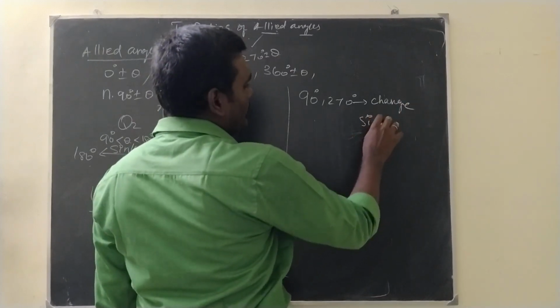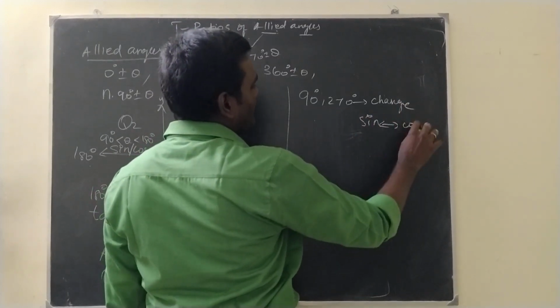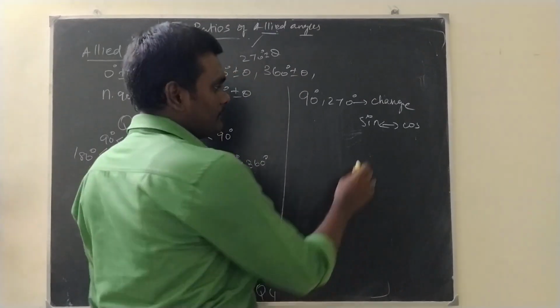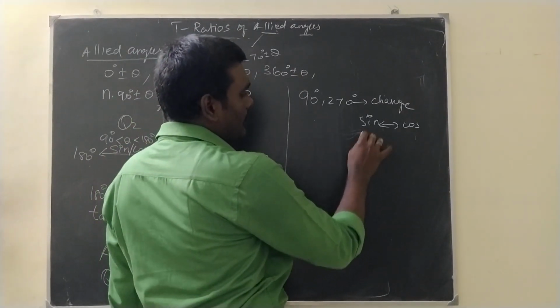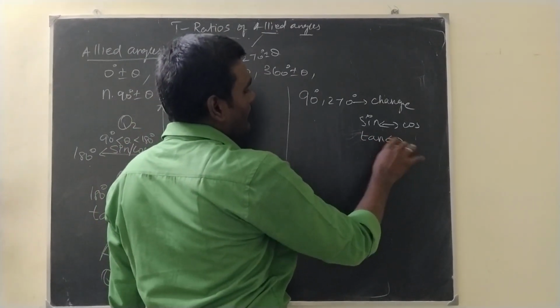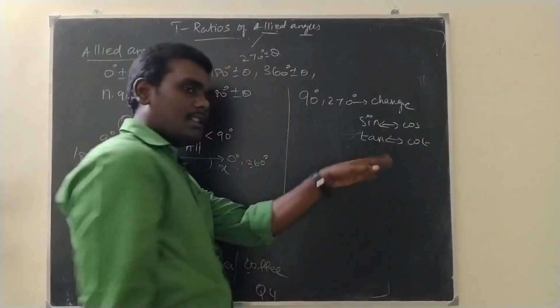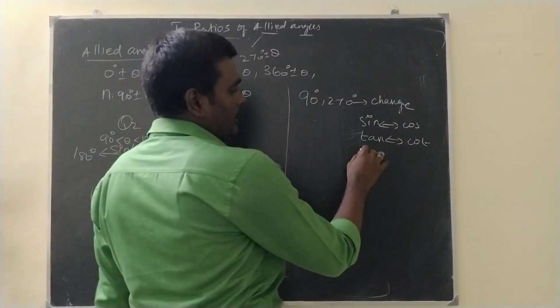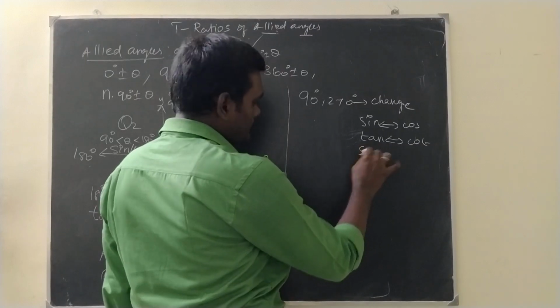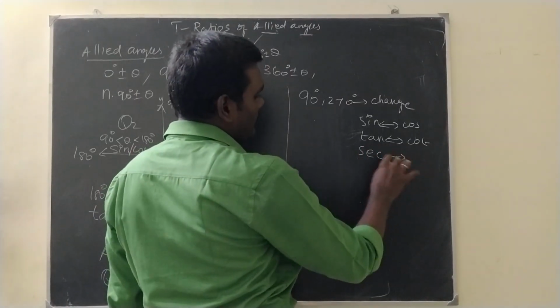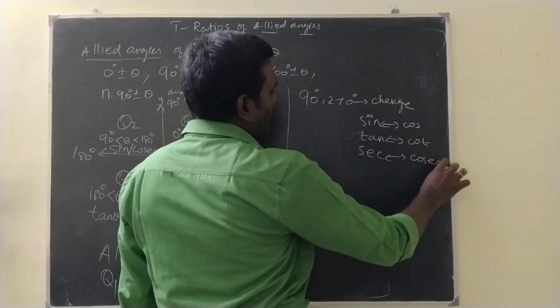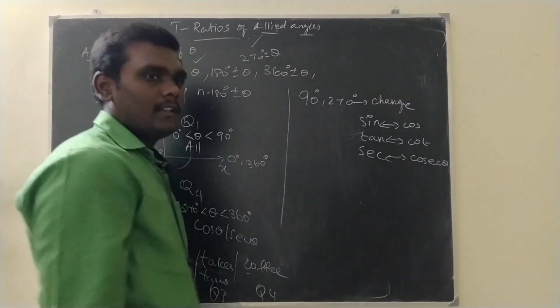Sine will change as cos and cos will change as sine, tan will change as cot, cot will change as tan, and sec will change to cosec, and cosec will change to sec.